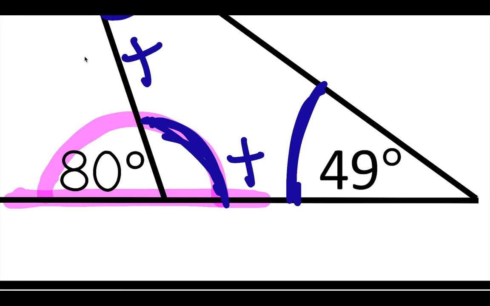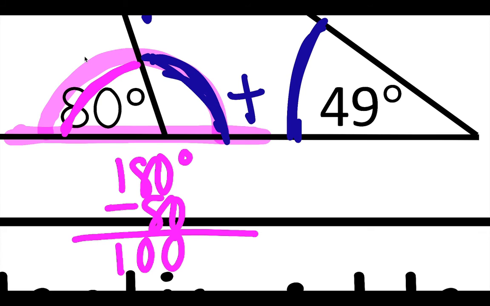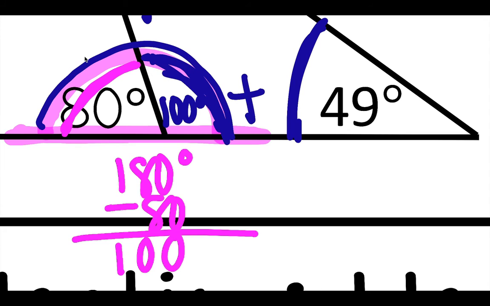Ooh, that is really difficult to see. Sorry about that. 180 degrees. Well, this side of it is 80. So can I just subtract 80 from 180, which is 100? So this angle right here would be 100. So now I have 100 plus 80 would be 180, which is my entire line.